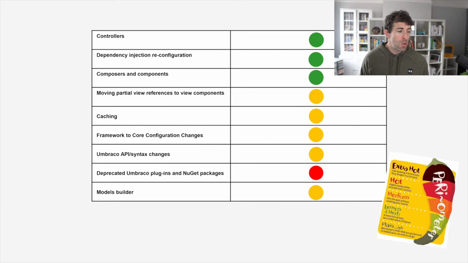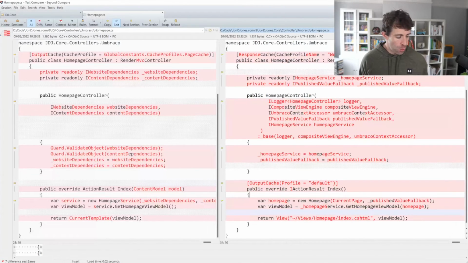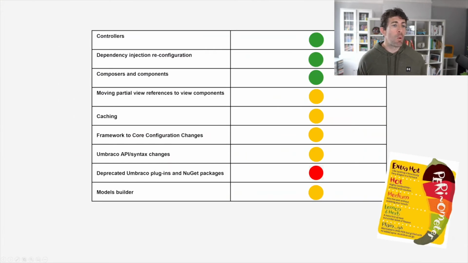And then you'll probably have to change a bit of your models builder. All the models builder configuration modes, they've changed a little bit. Again, you have to import them. And as you saw from our code example within Beyond Compare, you're going to have to start pushing in that IPublishedValueFallback into every single one of your models. So as you can see, there isn't simply a one-click magic button which is going to upgrade everything.